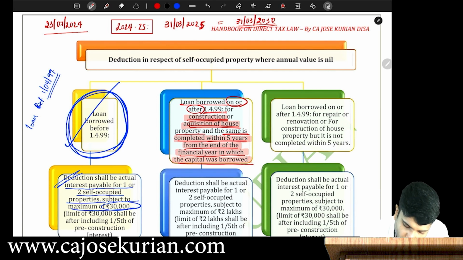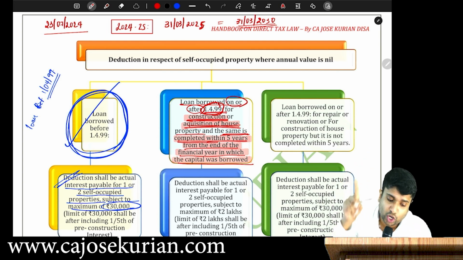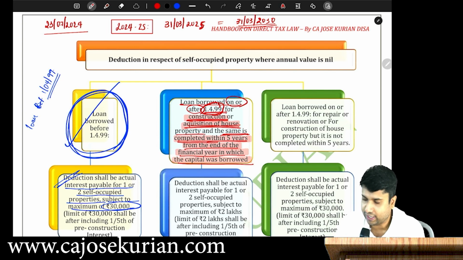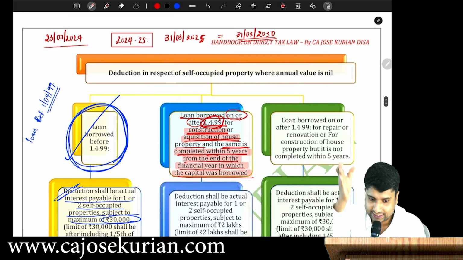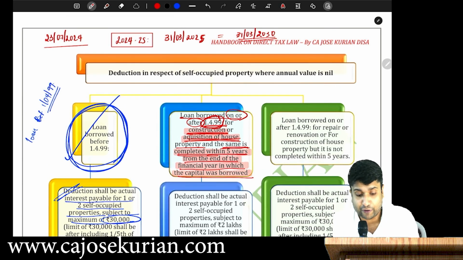Loan borrowed on or after 1st April 1999 for construction or acquisition of the house property, and the same is completed within 5 years from the end of the financial year in which capital was borrowed. I borrowed the capital today. This is the 24-25 financial year. From the end of this financial year means 31st March 2025.